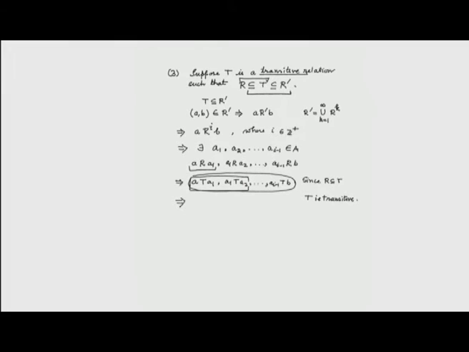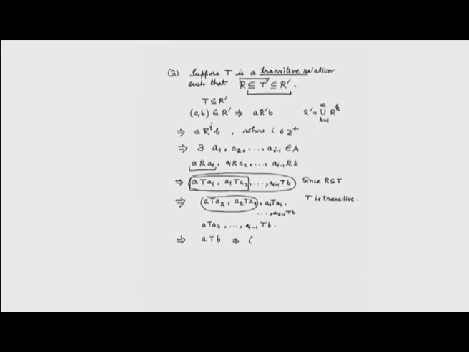Because if you consider these two points in the chain, since T is transitive, we can write A T A2, the next element will be A2 T A3, and if there is a next element to this, then it will be A3 T A4, and ultimately we will arrive at A(i-1) T B. But then I can collapse it again, we can combine these two to write A T A3 and proceed and ultimately get A(i-1) T B. This is all because T is transitive, and therefore, at the end we will end up with A T B. But what does it mean?